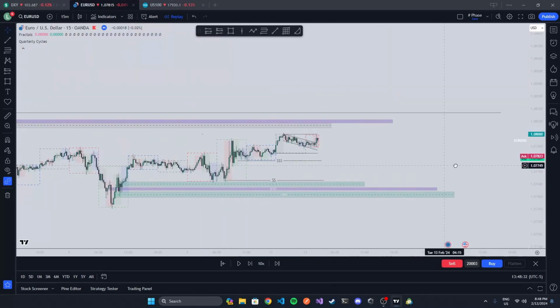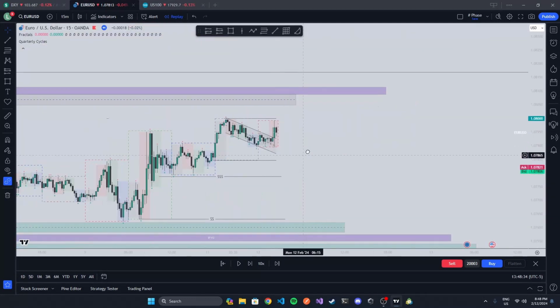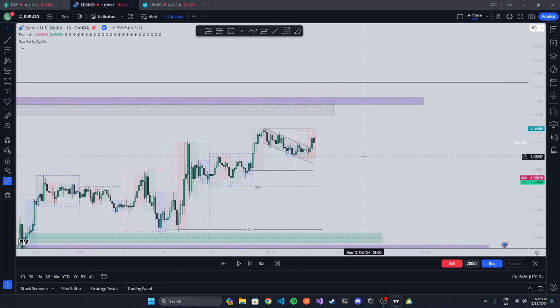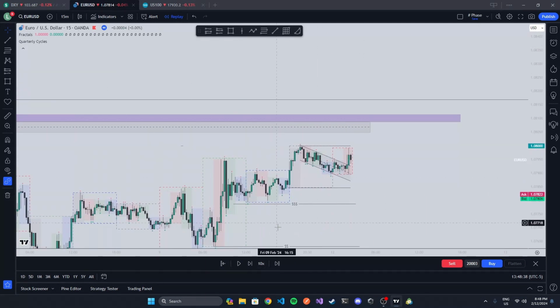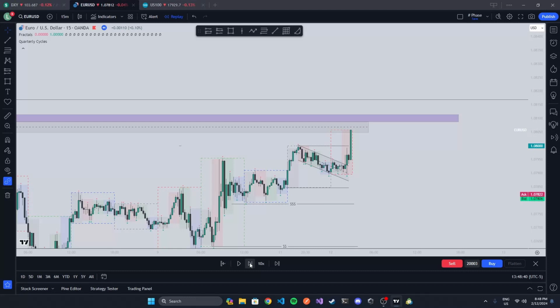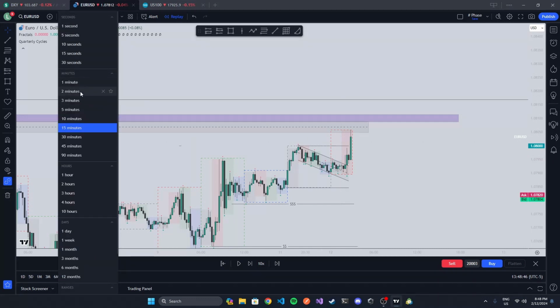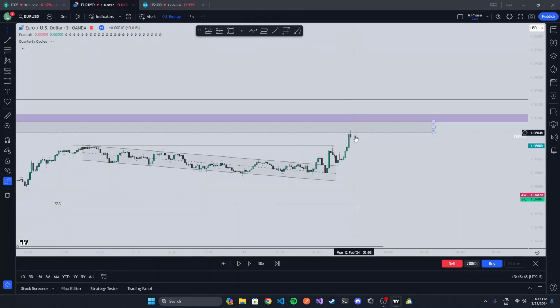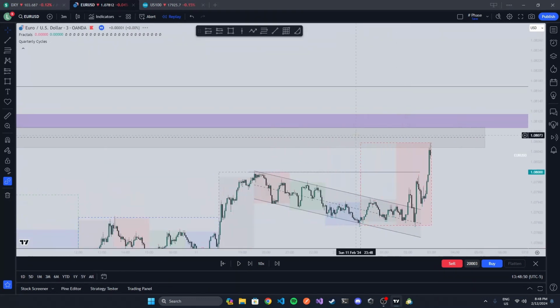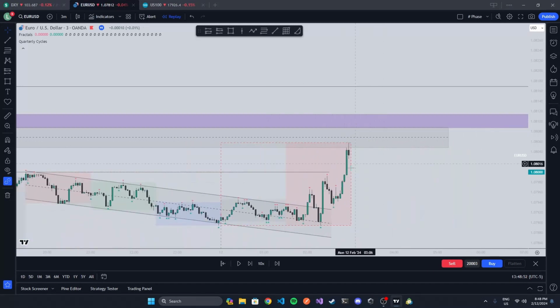So in that case, you would only want to sell if the manipulation is towards the buy side. So if I just speed up time a bit here, you notice that in the manipulation time, which starts at 1:30 New York time, we move inside this breaker block, order block area.